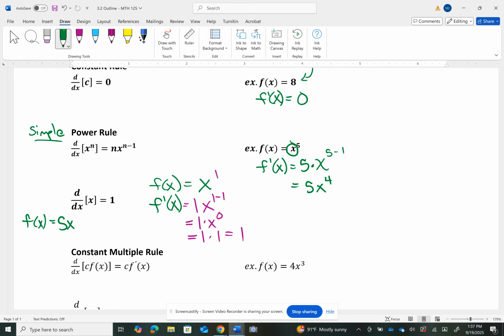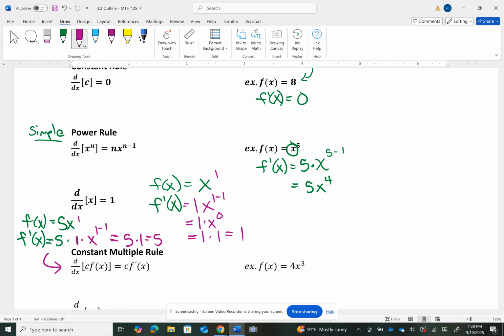The derivative of it would wind up being 5 times, the x has an understood exponent of 1, so we'd bring that down, and then we'd have the 1 minus 1, so we'll have 5 times 1. It'll turn out to be 5, and that's what this is trying to say.